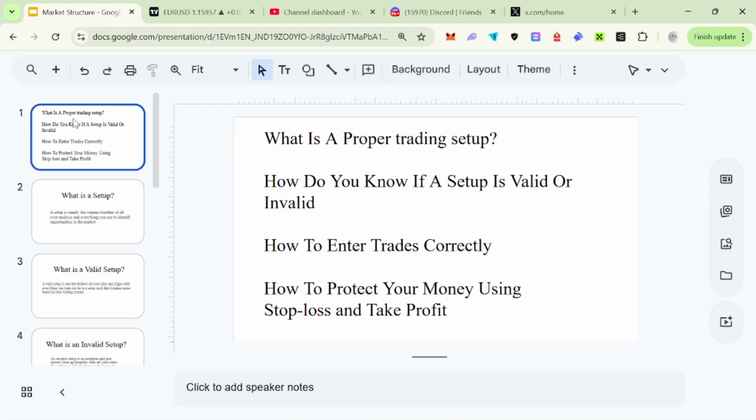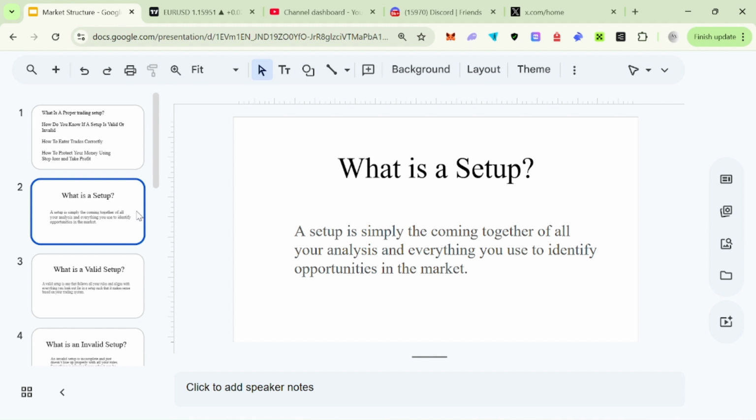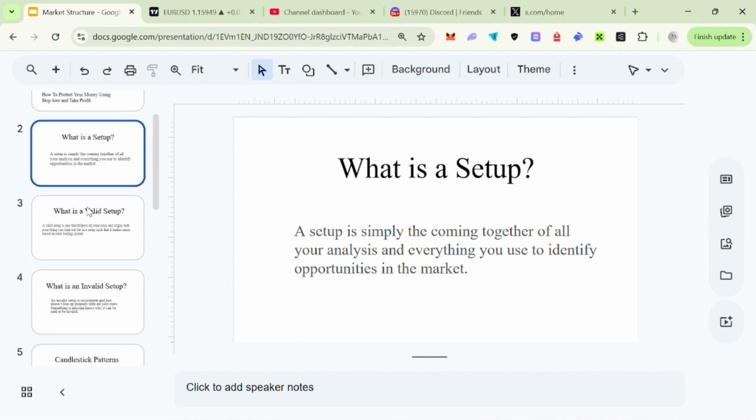So let's have a brief preamble of what we discussed. We talked about what a setup is, and how a setup is the coming together of all your analysis and everything used to identify opportunities in the market. And we said there are two different types of setup, so to say.